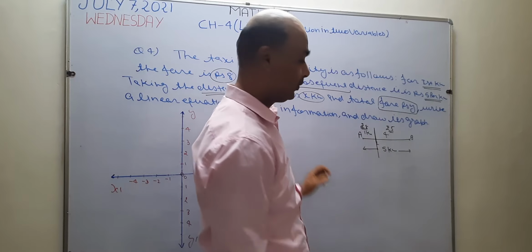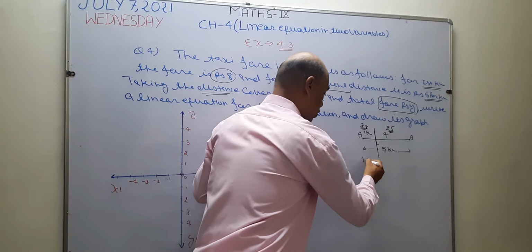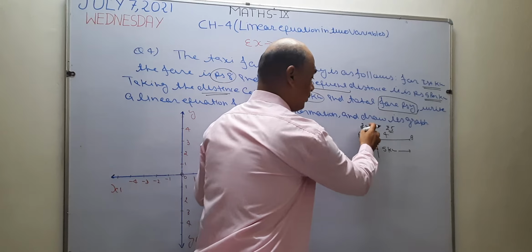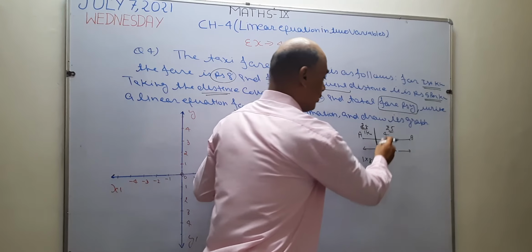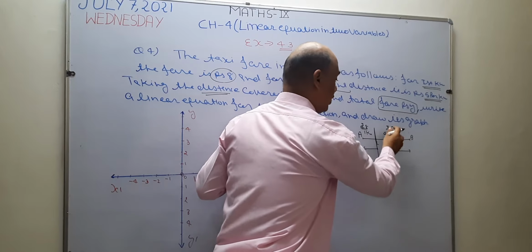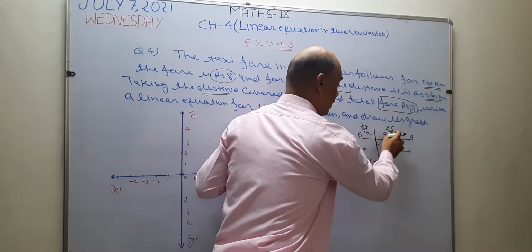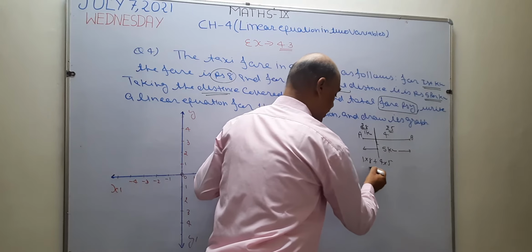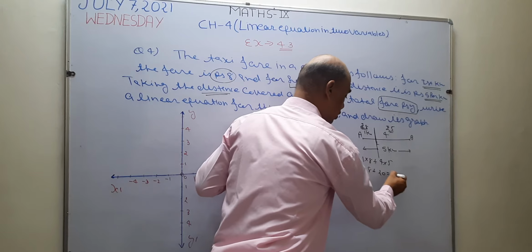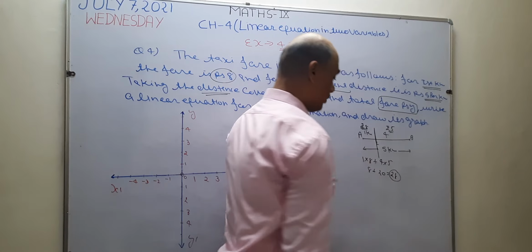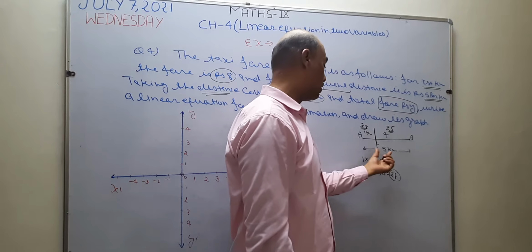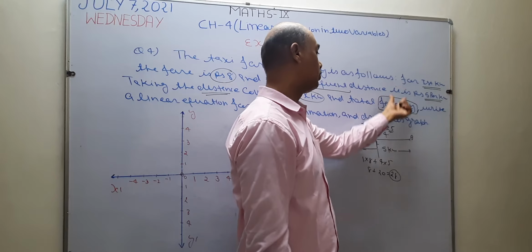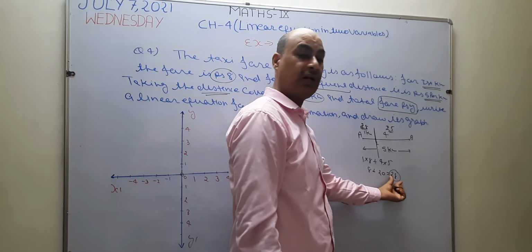For 1 kilometer he pays rupees 8, so I multiply 8 by 1. For the remaining 4 kilometer he pays rupees 5 per kilometer, so I multiply 4 by 5. 8 ones are 8, 4 fives are 20. The total cost becomes 28 rupees. If he travels 5 kilometer using this fare, he has to pay rupees 28.